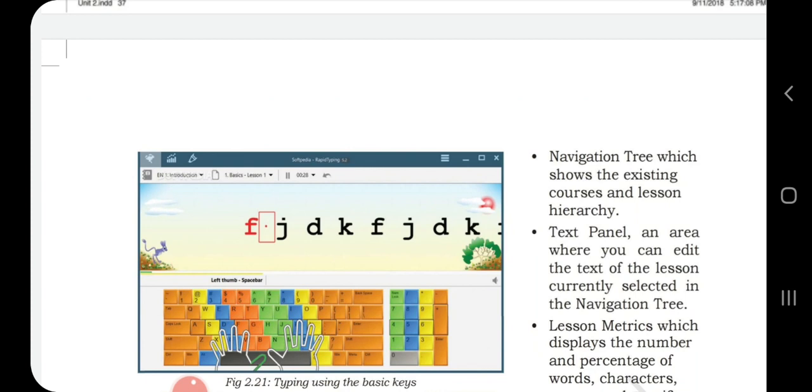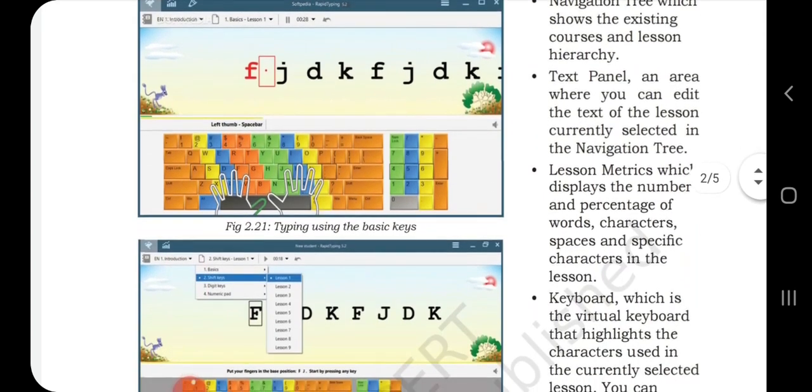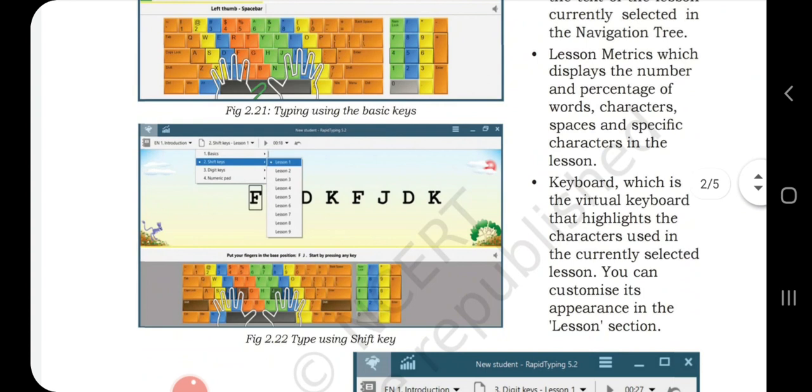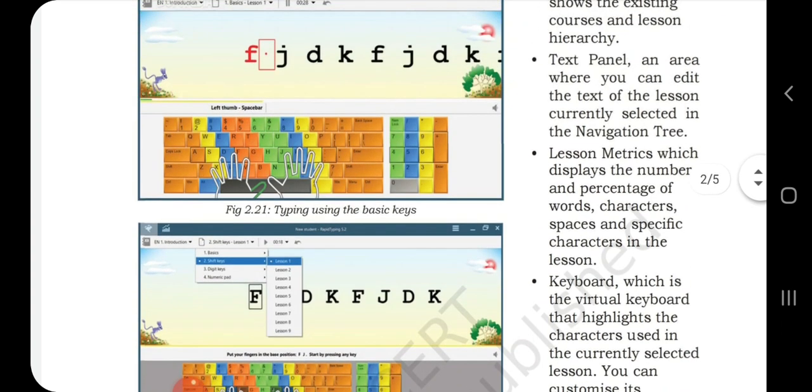Next is the virtual keyboard. The virtual keyboard highlights characters which are used in the selected lesson. You can customize its appearance by the F9 shortcut key. These are the typing using the basic keys.